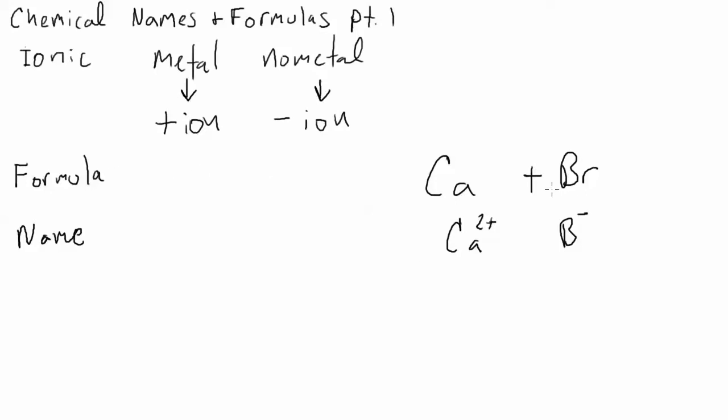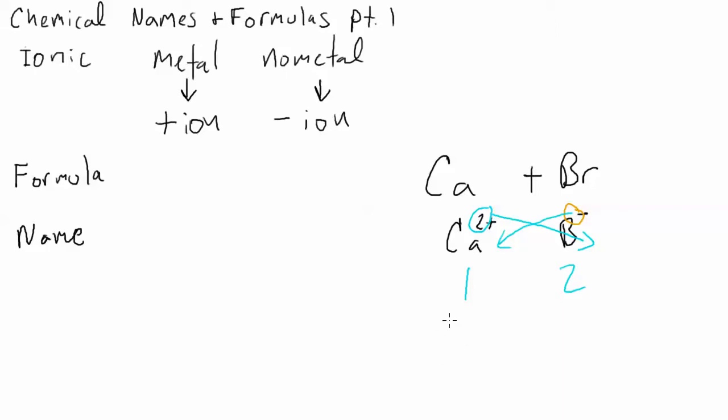So for the formula for the compound between calcium and bromine, you would take the 2 that's part of the charge for calcium, and you'd use that for the number of bromines that you need, and then you'd take the 1, which is implied in the charge of the bromine, and then that's how many of the calciums that you need. So this is saying I need 1 calcium and I need 2 bromines. That's what that's saying.